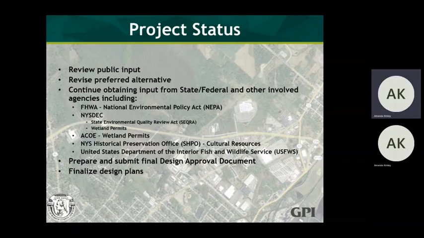We will also coordinate with New York State Historic Preservation Office for Cultural Resources and the U.S. Department of Fish and Wildlife Service. We will prepare and submit the final design approval document and finalize design plans.